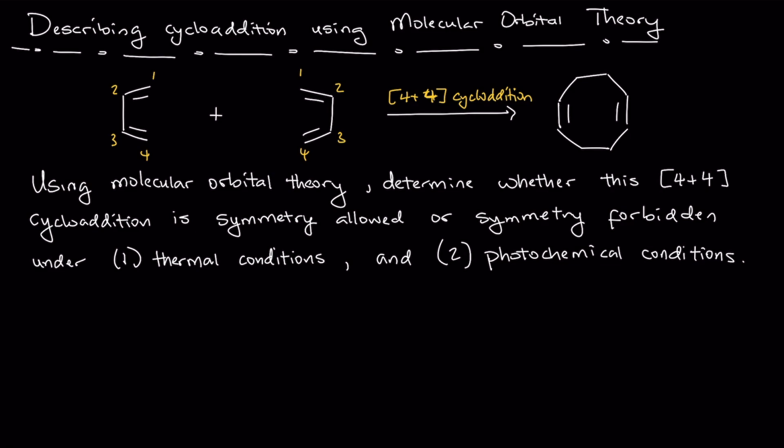The only difference now is that instead of a 4 plus 2, both of your pi systems are involving 4 atoms in the p orbital. And so you want to make sure you're using the correct pi molecular orbital on the thermal and on the photochemical. Okay, so best of luck as you work through that before we get to class.